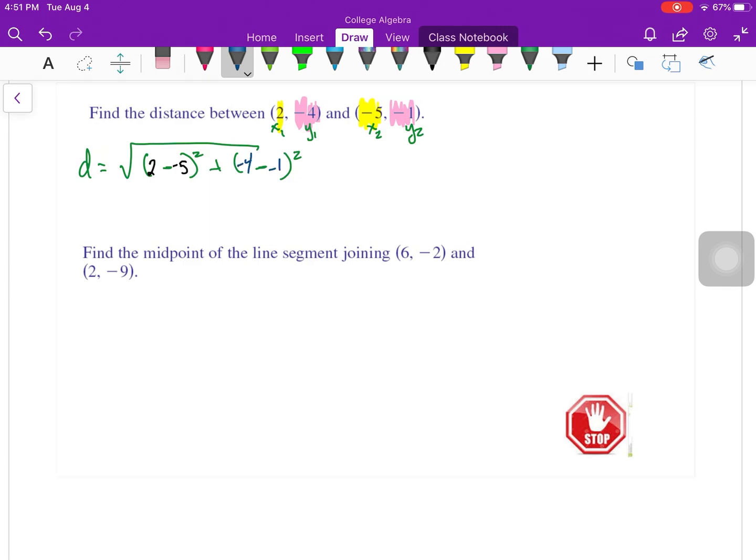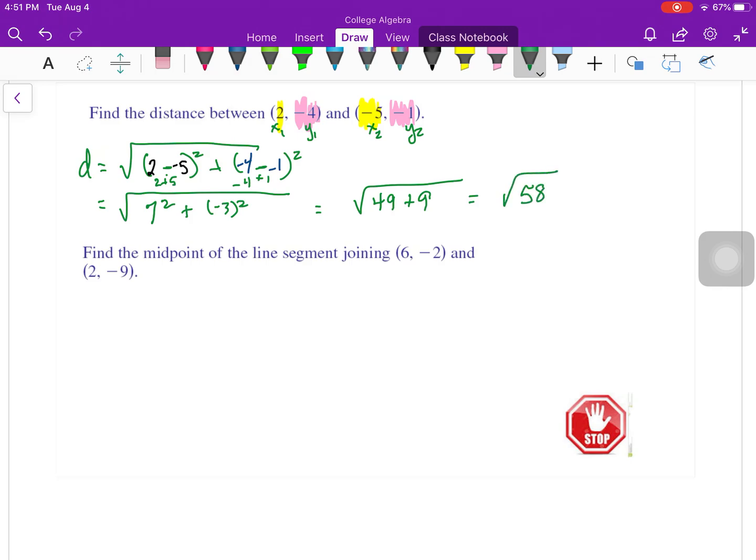My y's are -4 and -1. So that gives me the square root. 2 minus 5 is -3, squared. -4 plus 1 gives me -3 squared. So 3 squared is 9, plus another 9. That gives me the square root of 18.